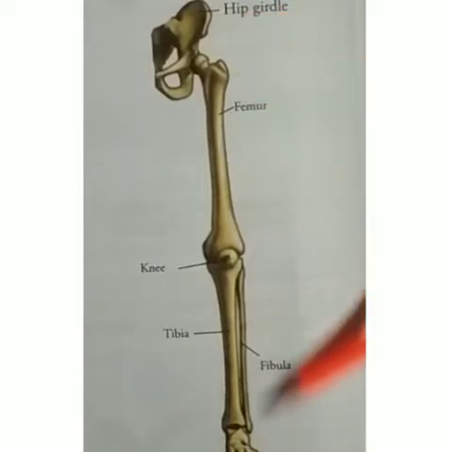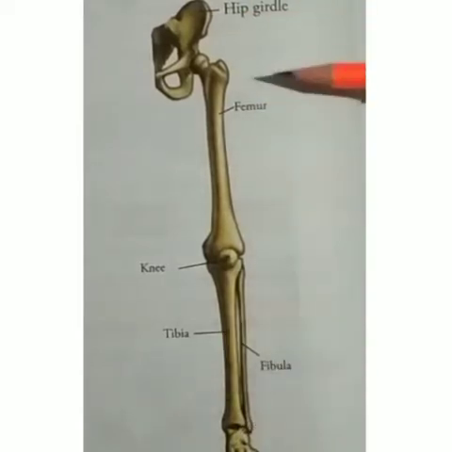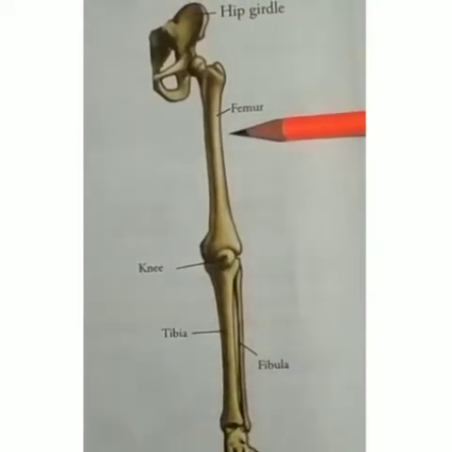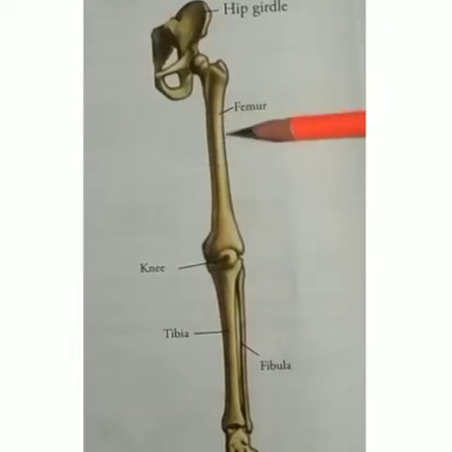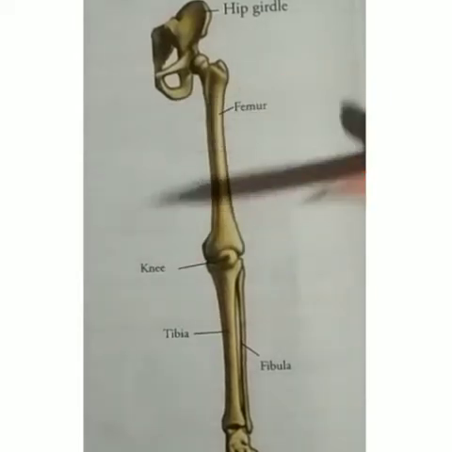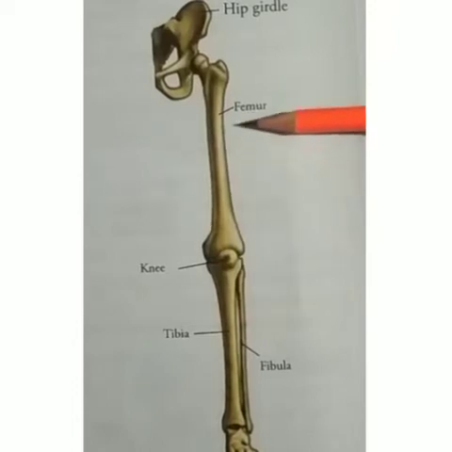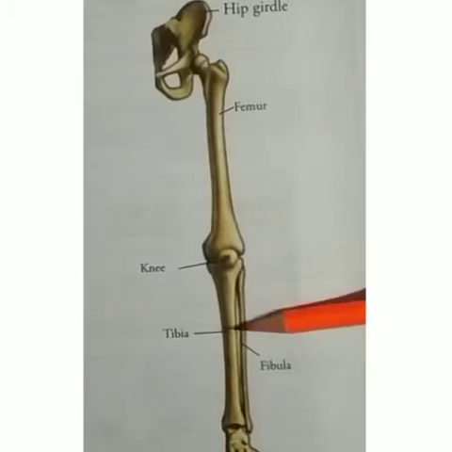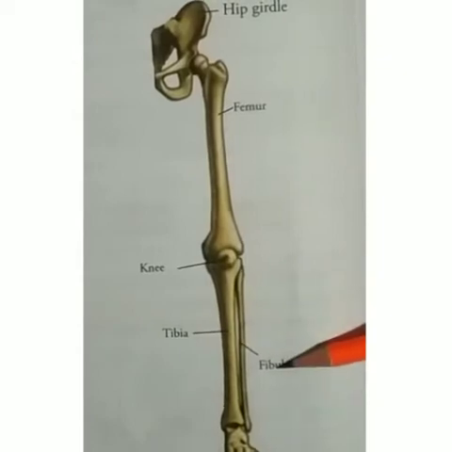Now these are the bones of lower limbs. The upper part of the leg contains the largest bone. This is the largest bone of the body, also called the femur, also known as the thigh bone. And the lower part of the leg contains two bones, the tibia and fibula.